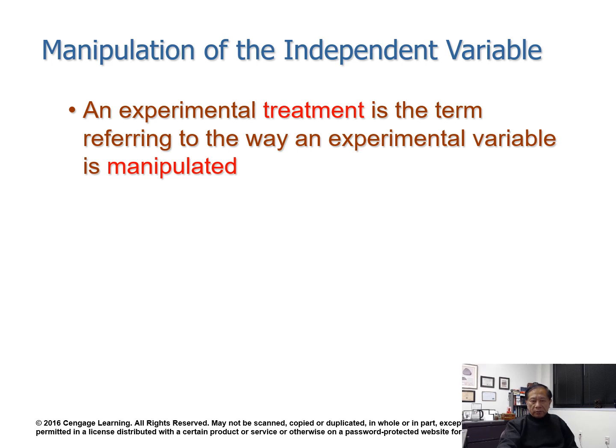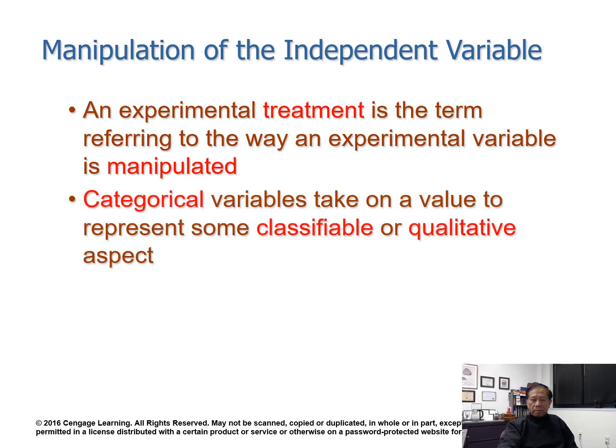Manipulation of independent variables. What's manipulation of an independent variable? An experimental treatment is a term referring to the way an experimental variable is manipulated. We call it an experimental treatment. Categorical variables take on a value to represent some classifiable or qualitative aspect, like gender.